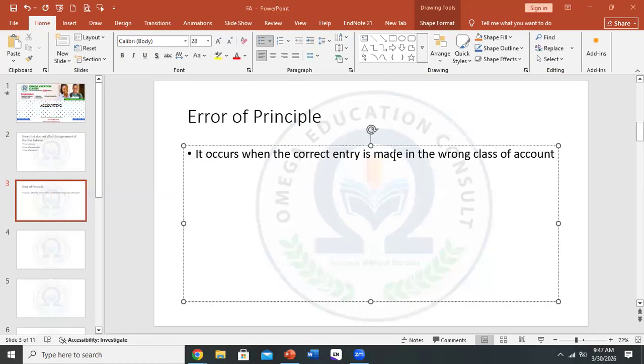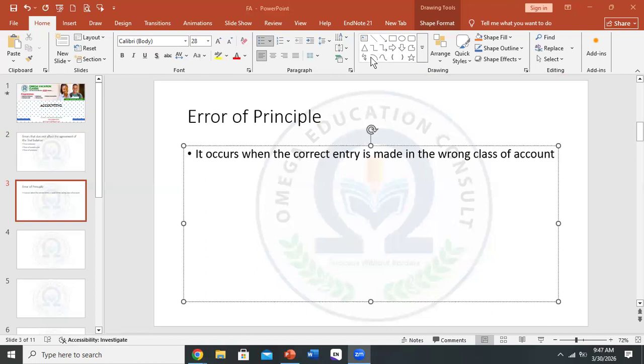So it will be very prudent for you to always ensure that whatever entry you are making in a particular class of account is the right class of account you are putting it in. So you always need to put the right entry in the right class of account. So if it's an expense, put it in an expense account. Don't put it in an asset account. Now, it happens because some of the elements behave the same way.